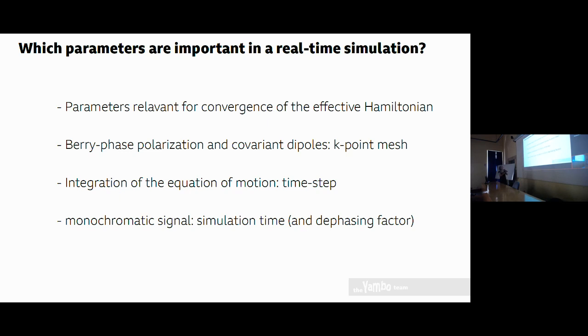In addition to the k-point mesh that you may need to converge, for example, the exciton, you also have to be careful about the k-point mesh to have an accurate Berry-phase polarization and covariant dipole. And we will see an example today in the tutorials. And then there is the time step for integration of the equation of motion, and also the simulation time.